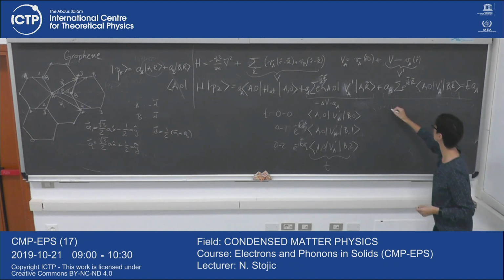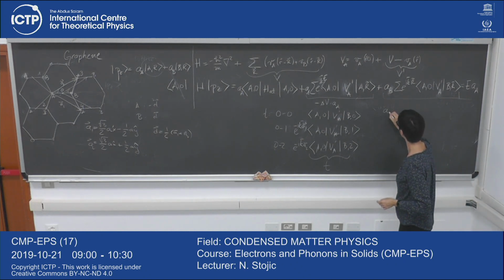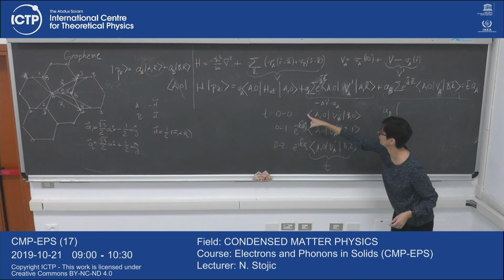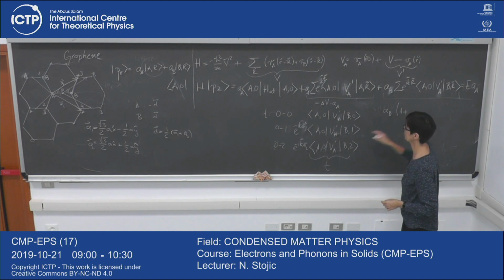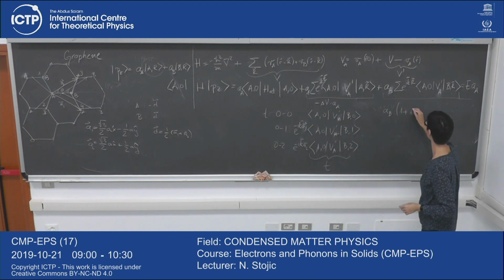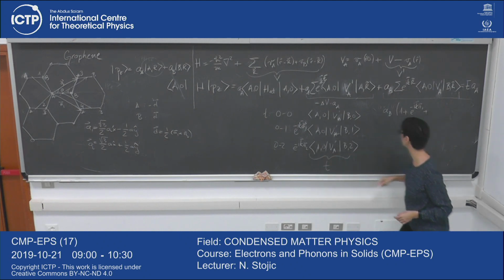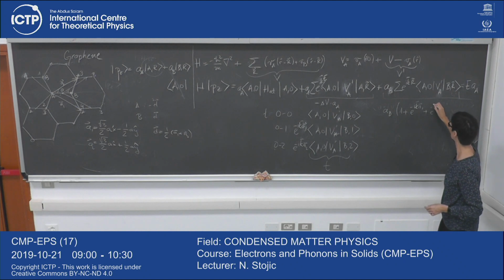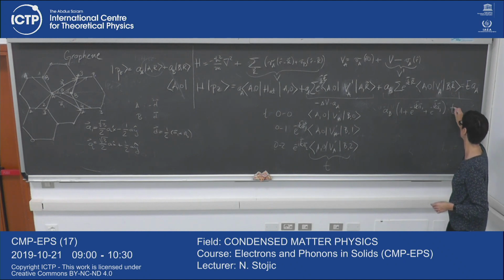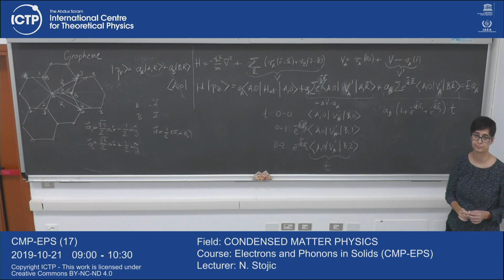So this part here is equal to AB times 1 plus E on the minus IK A1 plus E on the minus IK A2 times T. Is it okay?